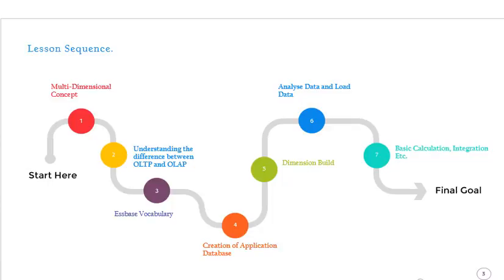Fifth, the different methods to create dimensions. Sixth, ways to load data and analyze it. Seventh, basic calculation and its effect. This reaches our final goal. So after the end of this course, you will have a preliminary concept of Essbase, its different members, loading of dimensions, data, and calculations.